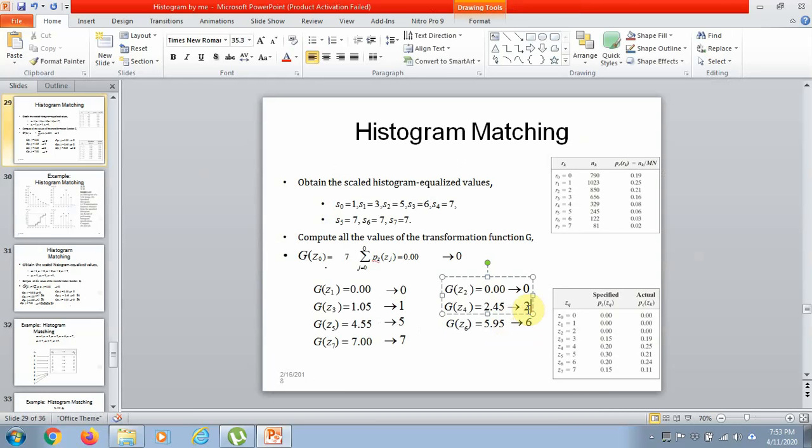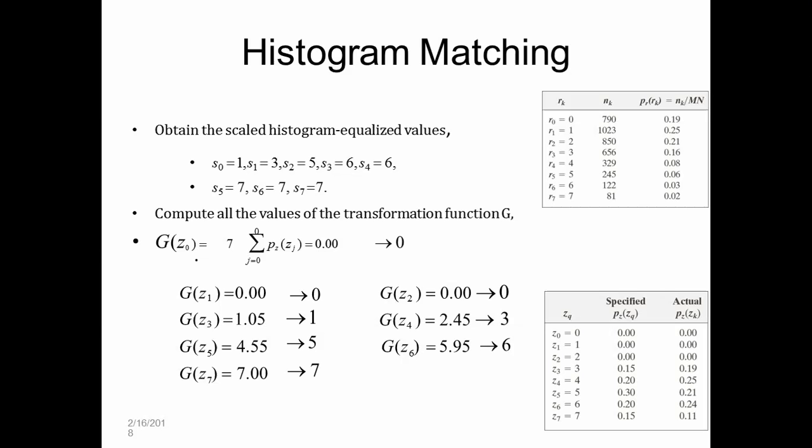If we consider this as 3, then you have new levels after equalization of the new specified histogram.